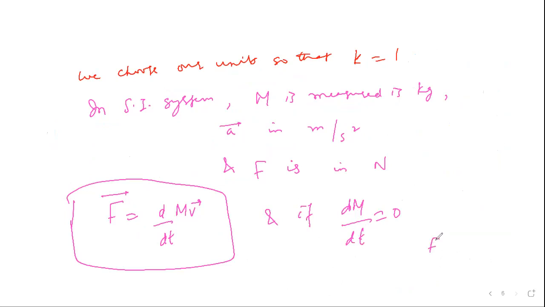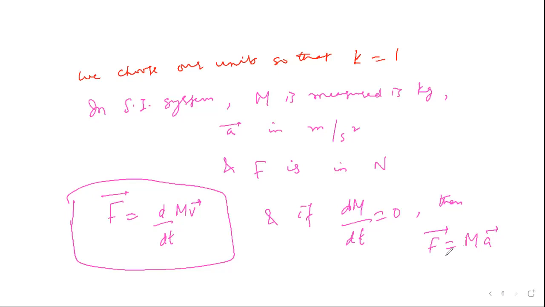Only then F is ma. When you write it as ma, where a is dv by dt, you are taking m outside the time derivative.